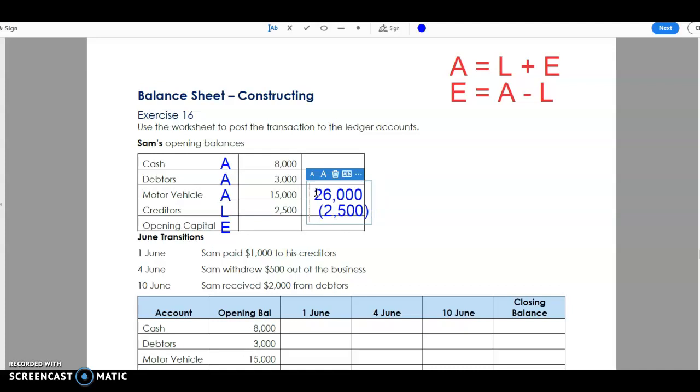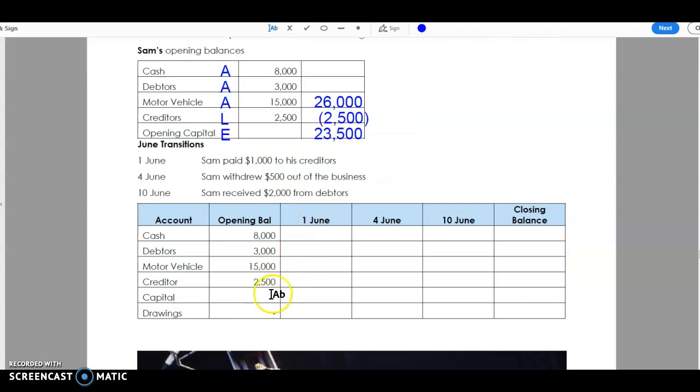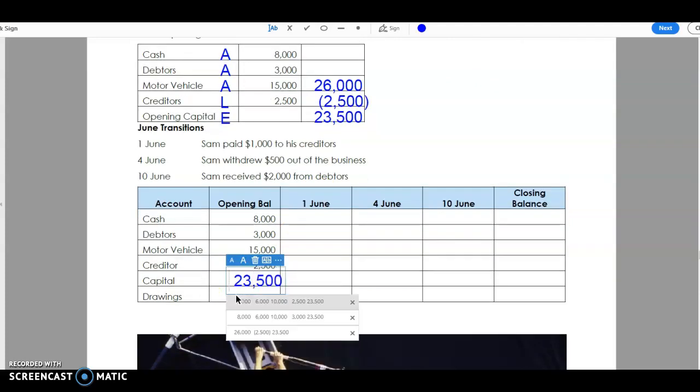So 26,000, which is our sum total of our assets, minus $2,500, our total creditors, our liabilities, equals $23,500. Excellent, there it is. So down here, I'm going to write in 23,500, nice and big, because it fits.